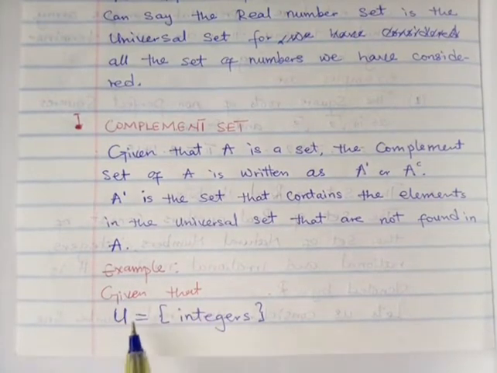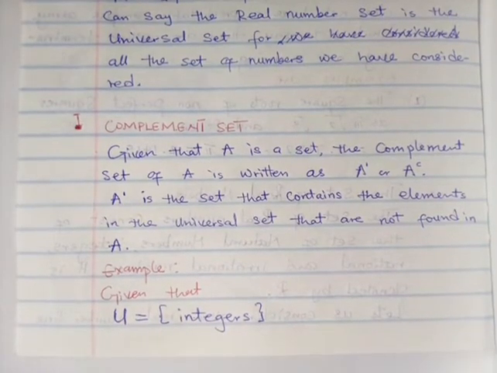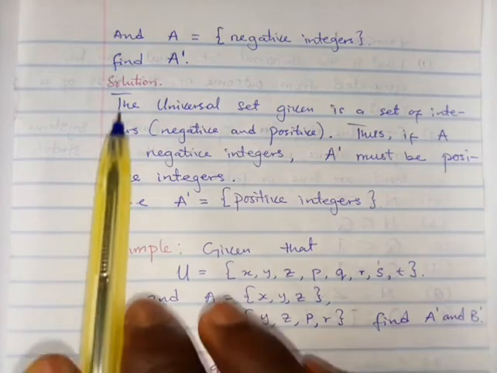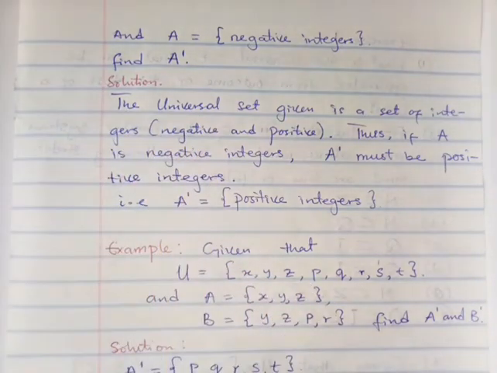Given that our universal set is equal to integers and A is equal to negative integers, find A complement or A prime. Solution: the universal set given is the set of integers, which comprises both negative and positive integers. Thus, if A is negative integers, it means A prime must be positive integers.